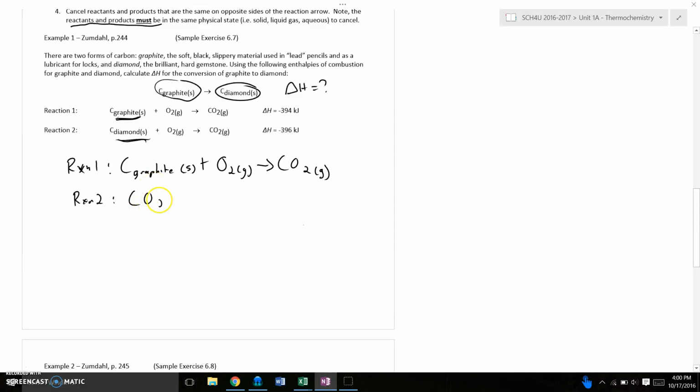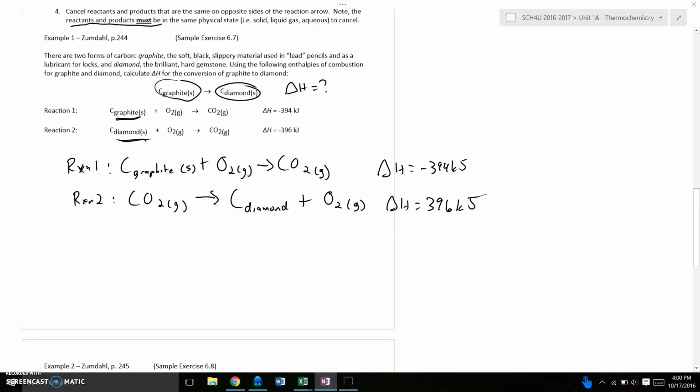So we'll write CO2 gas breaks down to produce diamond and oxygen gas. Now we're also going to write the enthalpies beside them, which we saw above. And this is the important part: because you reversed reaction 2, you need to reverse the sign of its enthalpy.